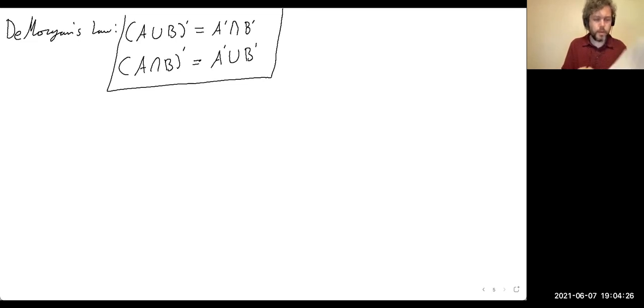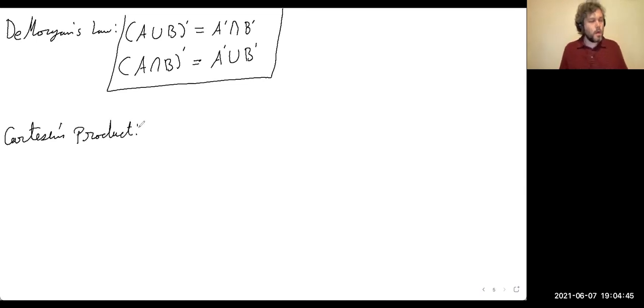I think there's one other thing I want to mention before I show the homework, and that is called the Cartesian product. The Cartesian product is how you would multiply sets.